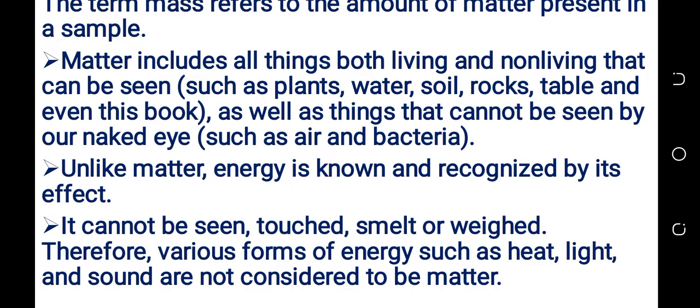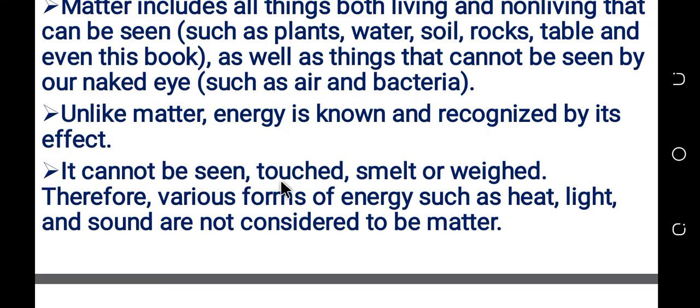As a result light is energy, not matter. Heat is energy, not matter. Sound is energy, not matter. They do not have mass. It cannot be seen, touched, smelled or weighed.